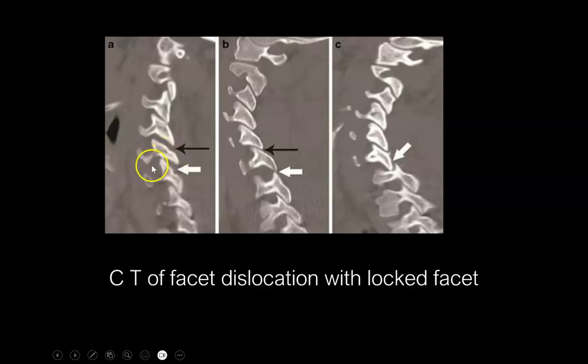If it comes here, it is locked, but here it is subluxated. So this should be here under this one, and it is subluxated. Look here, the relation, oblique facet joints. Look here, it is moving in front of the superior articular facet of the vertebra below.